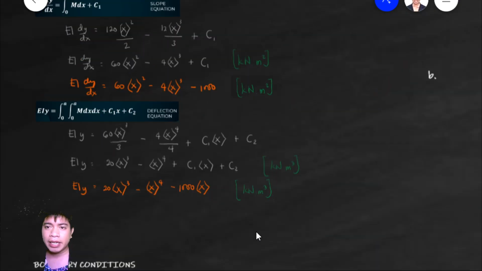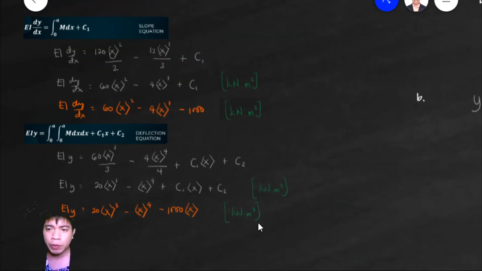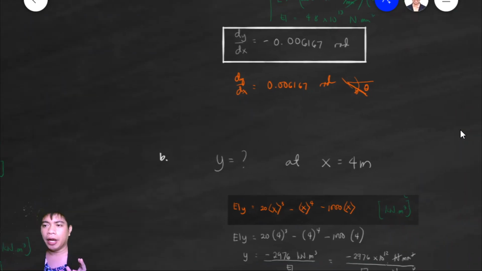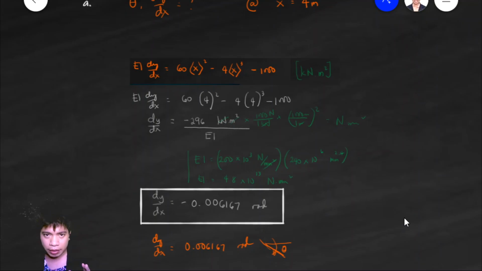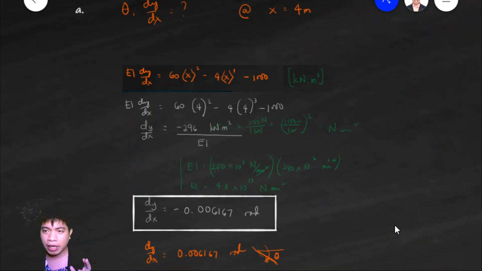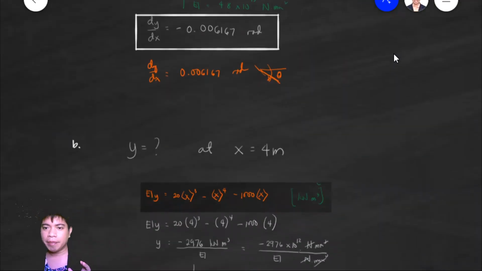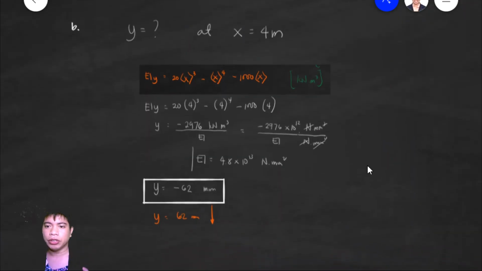Tapos na-finalize na nga natin si slope equation at si deflection equation na ginamit natin sa pag-solve ng mga tinatanong sa problem, wherein yun yung slope at saka deflection at a distance na 4 meters from the left support. So ito na nga yung ating solution para sa letter A. Paki-screenshot nyo na lang. And then para sa letter B ay ito yun. Okay. So that's it, guys.